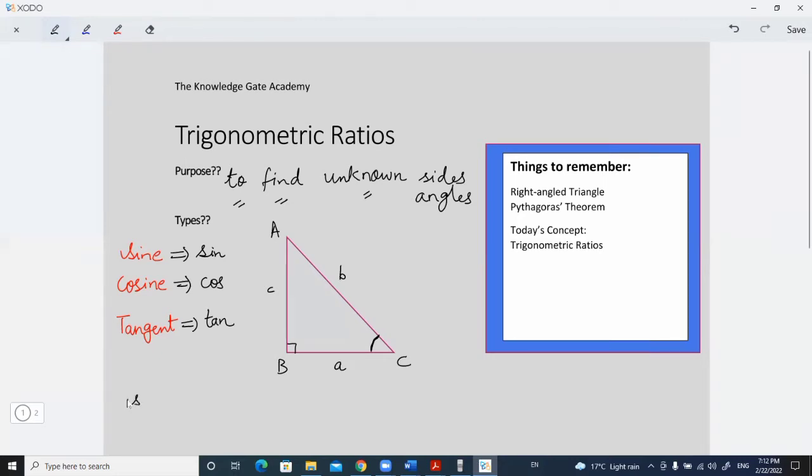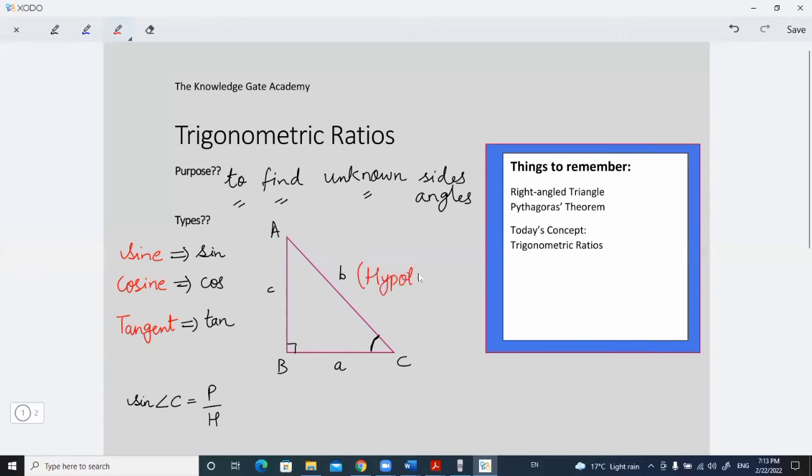I'm simply writing sine of angle C equals perpendicular over hypotenuse. What is perpendicular? This is a new term that is involved today. First, you know what hypotenuse is. Hypotenuse is the side opposite to the 90 degree, the right angle.